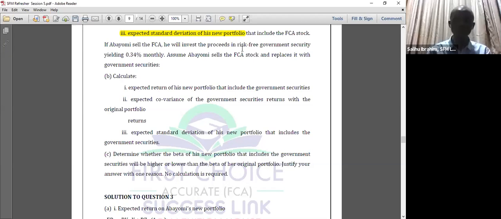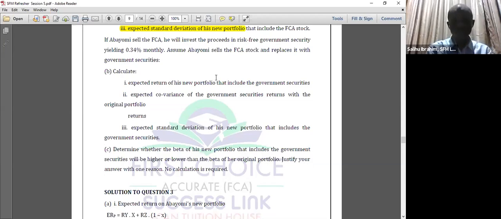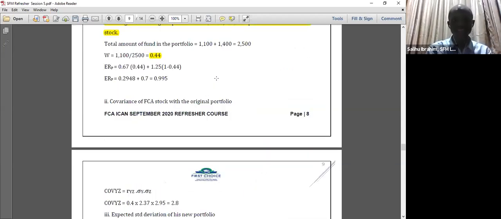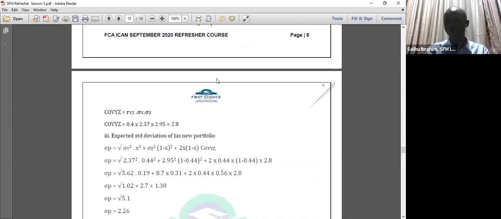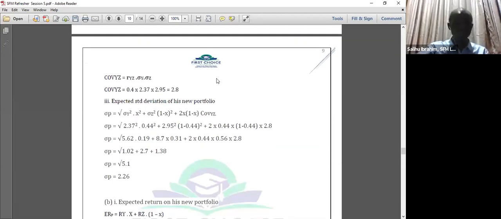I've told you earlier that standard deviation measures the risk of that portfolio. It is computed using the snake formula, which I've given you earlier.